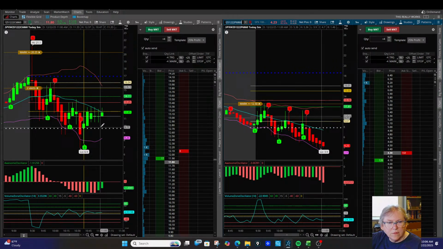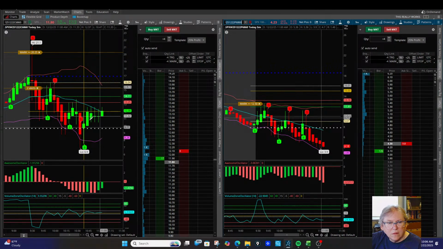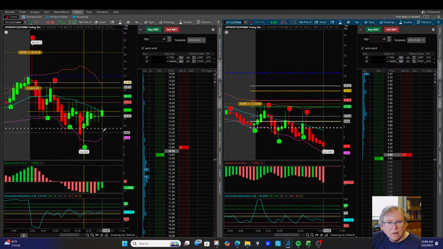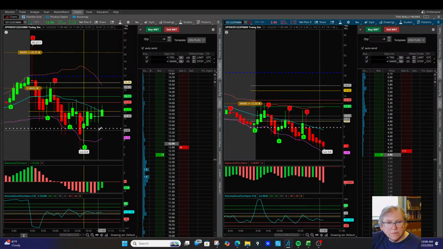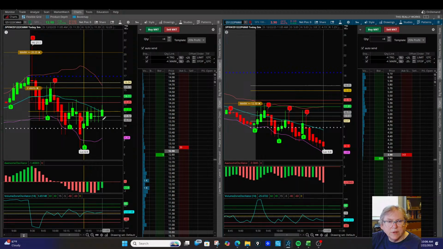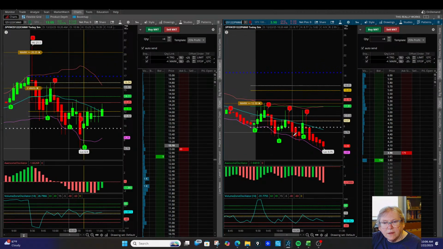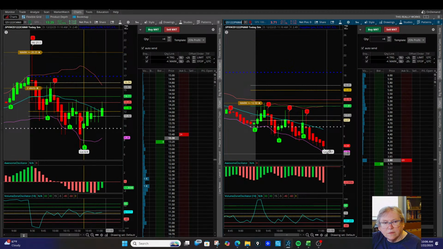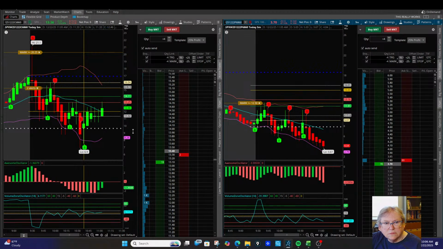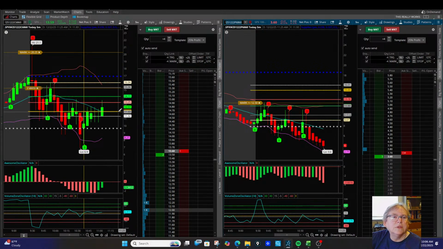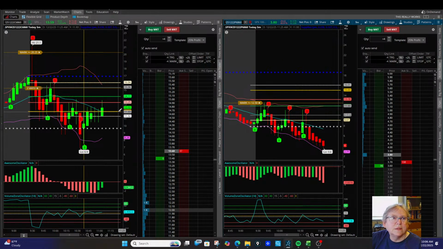Okay, right here, this 20-day moving average, it's gone through that. That's significant. And this is continuing to ride the Bollinger Band down. It's gone through this resistance, 1325. It's past that.